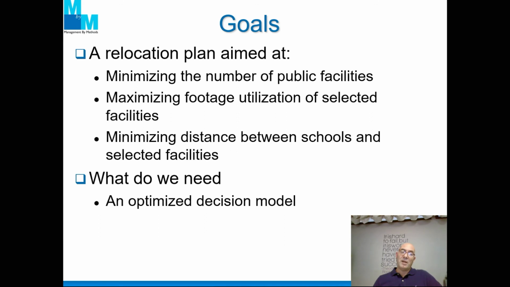We would like to maximize the usage of footage so that we can use fewer facilities, but any time we use a facility, we use as much of its footage as possible. And at the same time, we want to minimize the distance between the schools and the selected facilities. So what do we need? We need an optimized decision model.